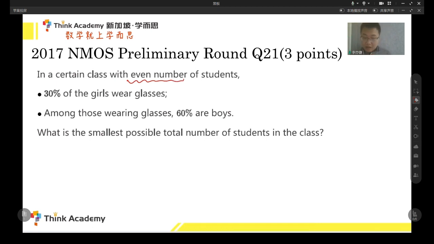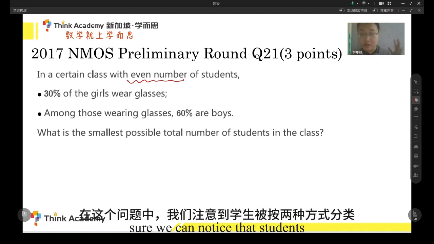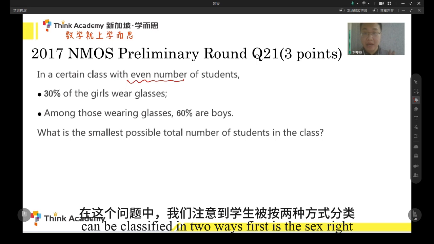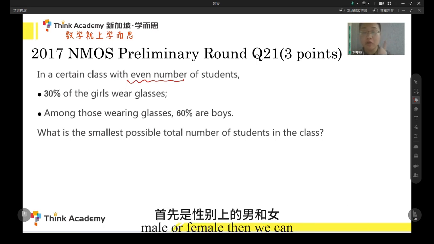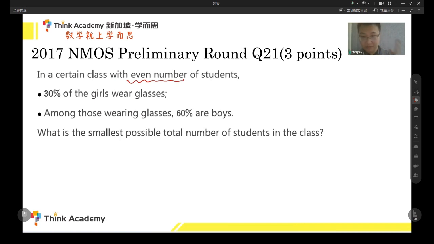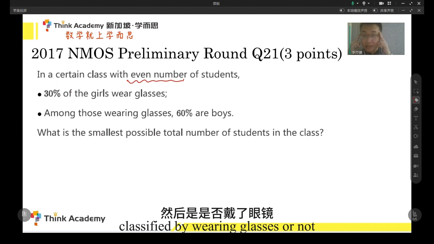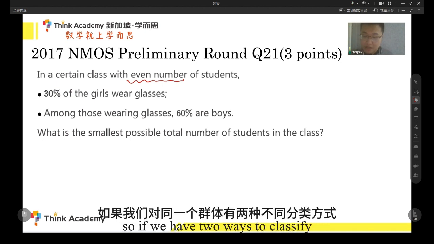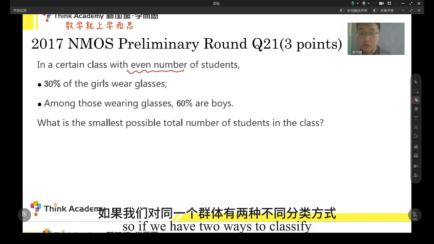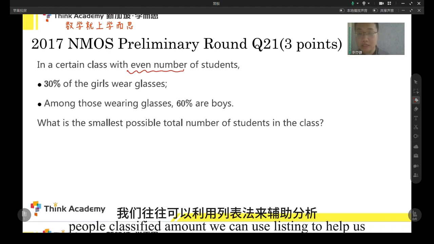Okay? So in this case, we can notice that students can be classified in 2 ways. First is the sex, right? Male or female. Then we can classify them by wearing glasses or not. So if we have 2 ways to classify the amount, we can use listing to help us.